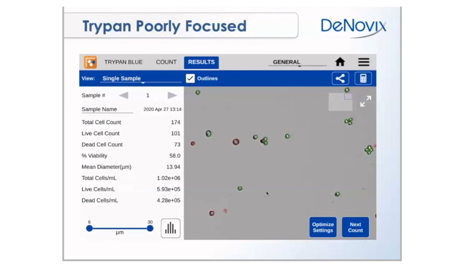So you went from 90 to about 60%, and your live cells per mil went from around 900,000 to about 600,000. So you're going to have a very different calculation and a very different amount of cells that you're going to be adding into your experiment based on how you focus this.